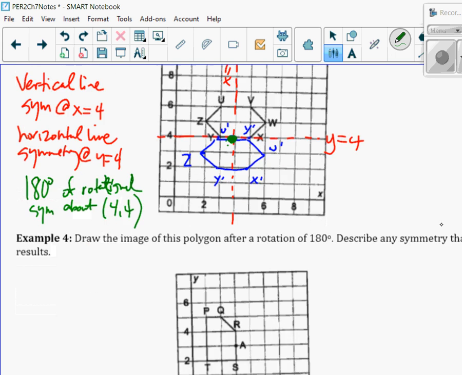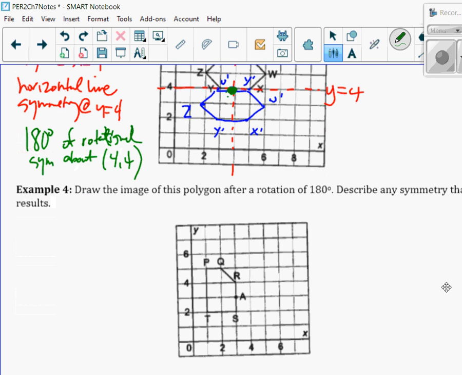All right, last example. It says, draw the image after rotation of 180 degrees. Draw any symmetry that results. Oh, so I meant to say 180 degrees at point A. So if that's not in your question, please add it. So if I'm going to take 180 degrees, it's up to you how you want to do this.